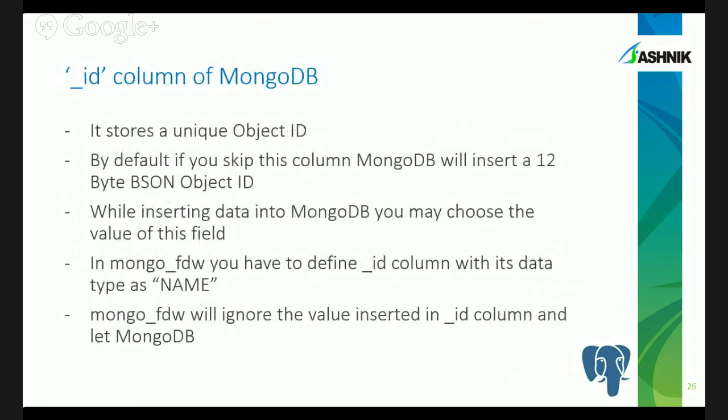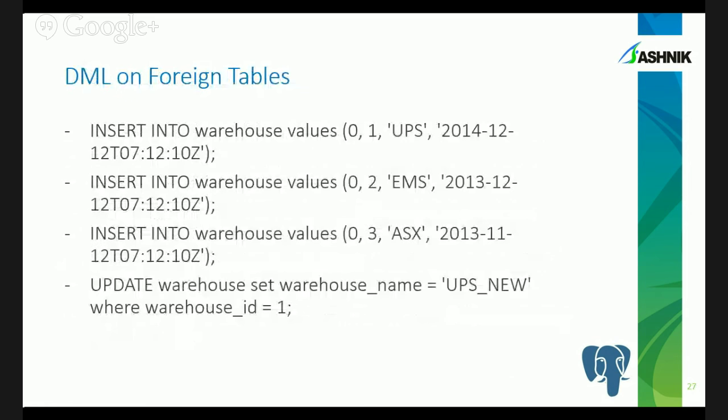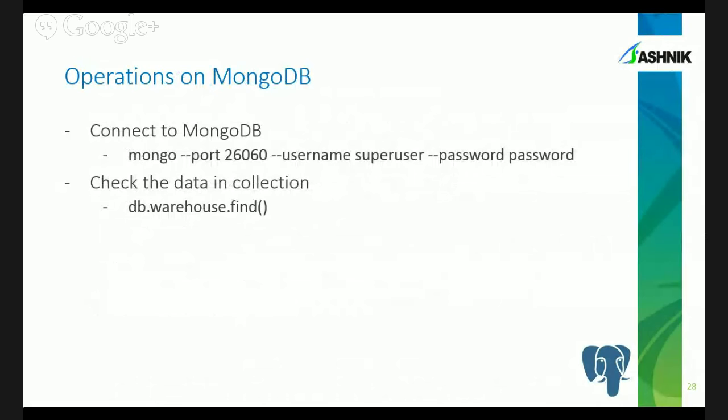Once you have done this, your hybrid data cluster is ready for your usage. You can connect to Postgres and you can insert data or update data or delete data by firing SQL DML operations. And when you do that, like what you see on the screen, it actually goes and does an insert in the MongoDB database, which you can connect and verify.